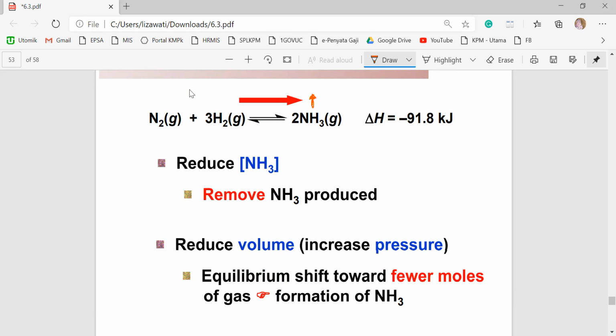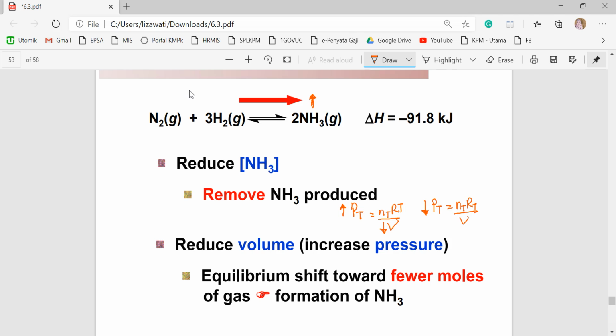Next, in terms of volume, we can reduce the volume. Because of that, the pressure will increase. When we reduce the volume, the pressure increases, so the system tries to reduce the total pressure.